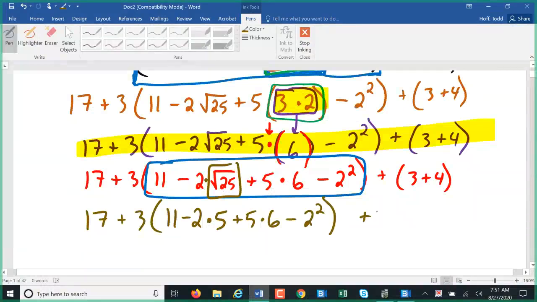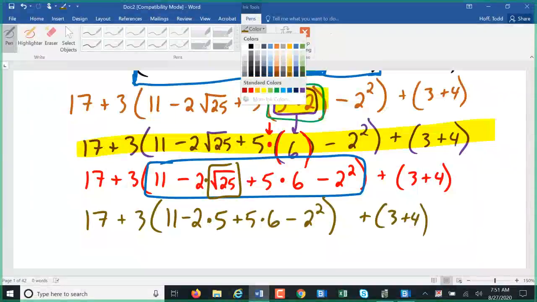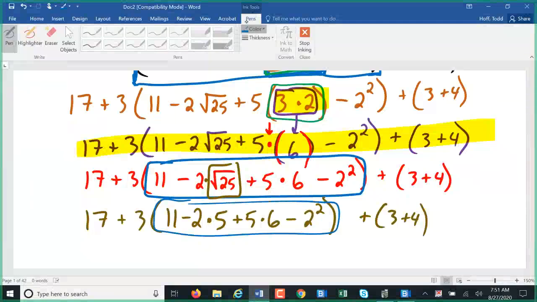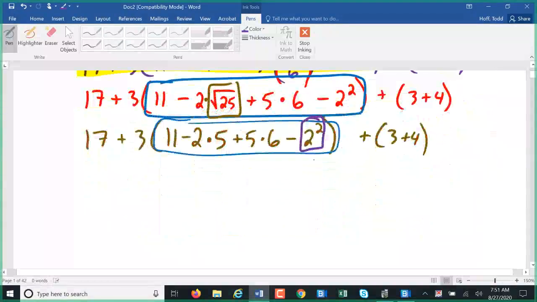Here we go. And move on to the next exponent in there. We're still working inside that larger parentheses. Still doing exponents left to right. We have the power. 2 squared, which is 4.